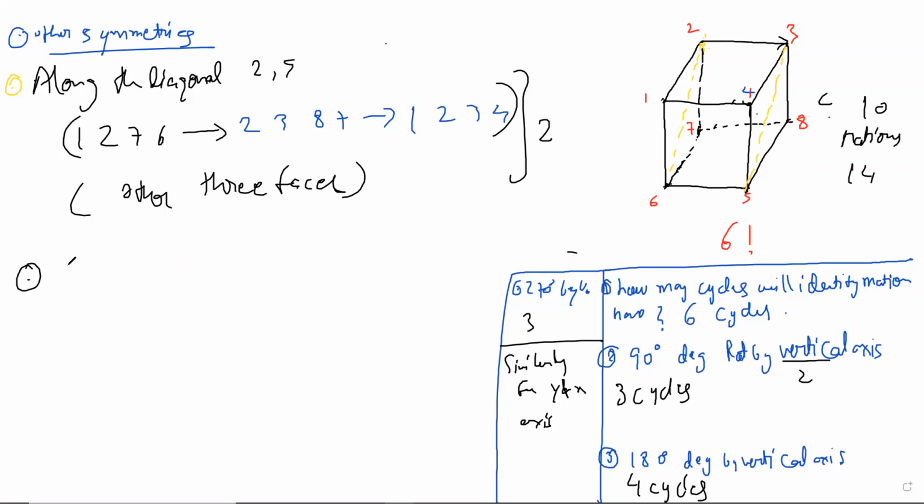So reflecting about, wait, should I call it reflecting? Basically it is a rotation of the plane. Yeah, I should say that. That's better. Rotation of 2, 3, 5, 6. If you do that, then what happens?